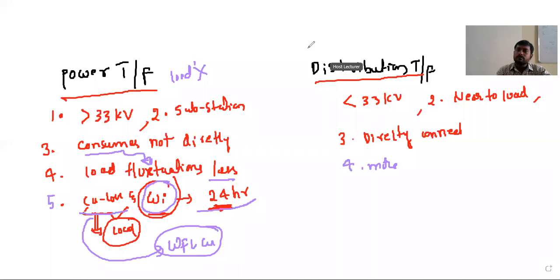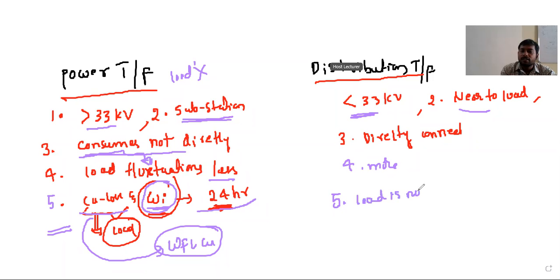So here copper losses should be kept to a minimum while designing, and iron losses also. Iron losses never change; they are always constant. And here for the distribution transformer, load is not constant.